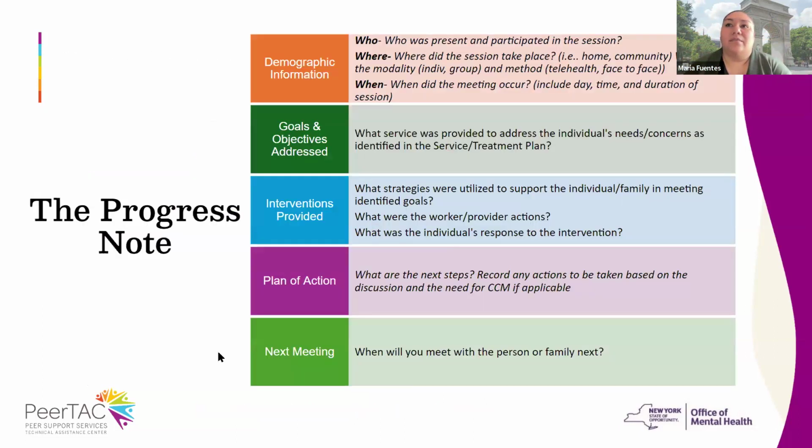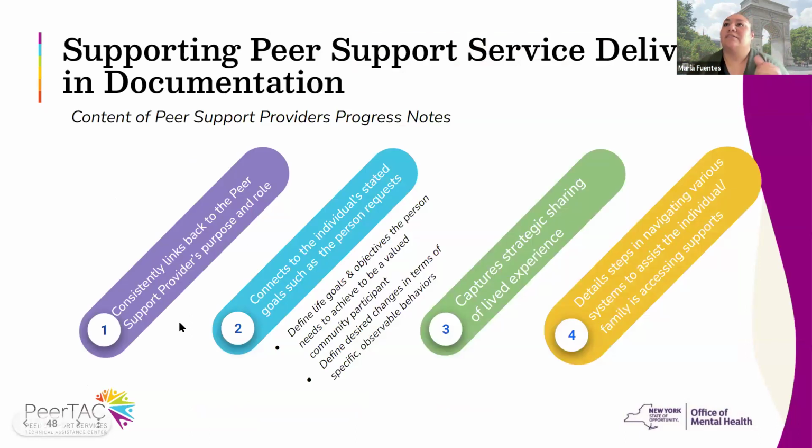Now I want to go really quick. No, sorry, Yvette provided us that information. So supporting peer support services delivery and documentation consistently links back to the peer support provider's purpose and role. It connects to the individual's stated goals, such as the person's request. Remember, person-centered. Define life goals, objectives the person needs to achieve to be a valued community participant.